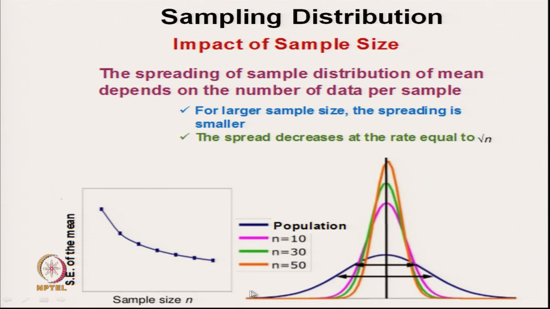If we see, this dark blue color is the population. Now, if we take a sample out of that, say 10 data per sample, then this purple or pink one is the sampling distribution.